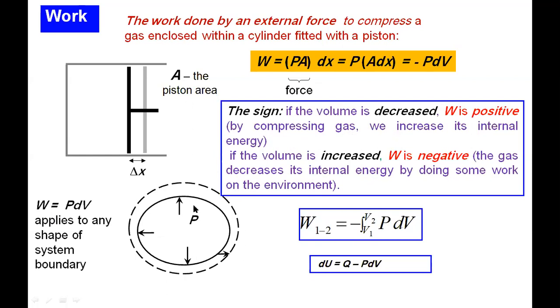We can apply it to any shape of system boundary. So the work along the path from 1 to 2 equals minus the integral from V1 to V2 of P dV. So dU equals Q minus P dV. Here this is dV and this is dU.